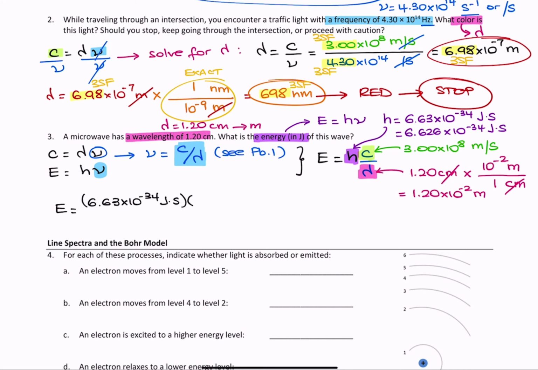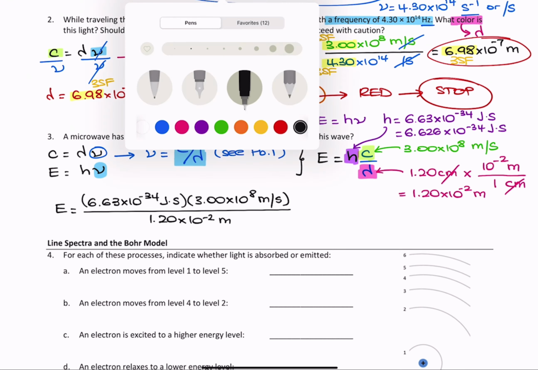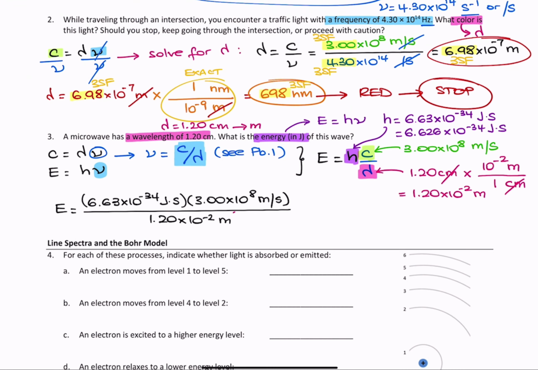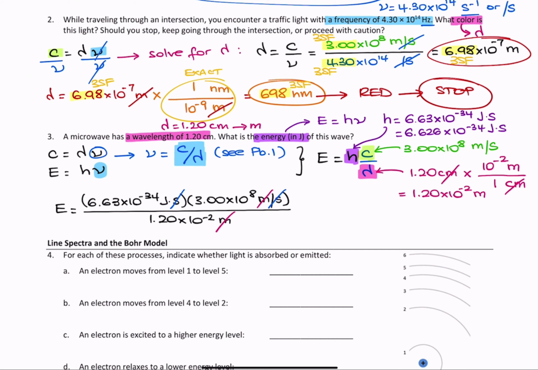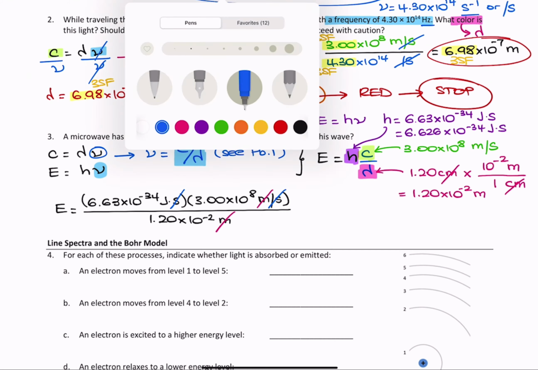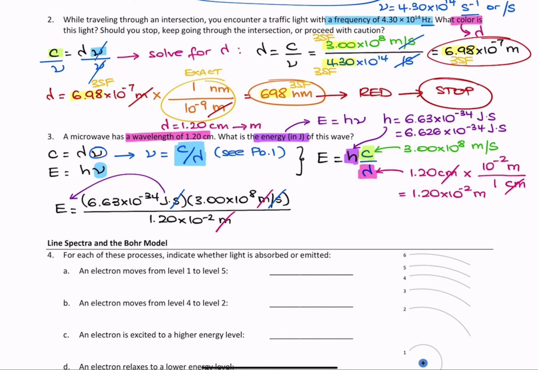Don't forget your unit always. c, 3.00 times 10 to the 8th meter per second, divided by lambda in meter, 1.20 times 10 to the negative 2 meter. Check that your units canceled properly, the meter with the meter, the second with the per second. I'm left with joule, which is the unit for the energy.